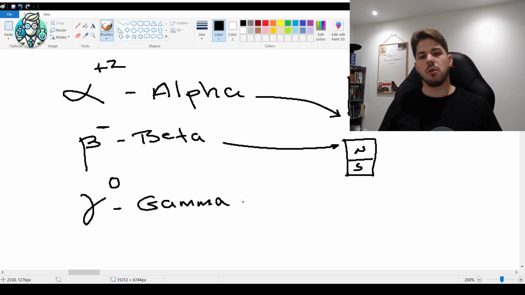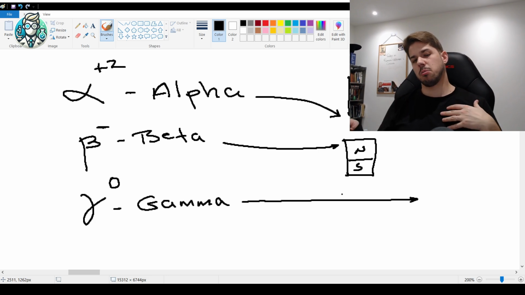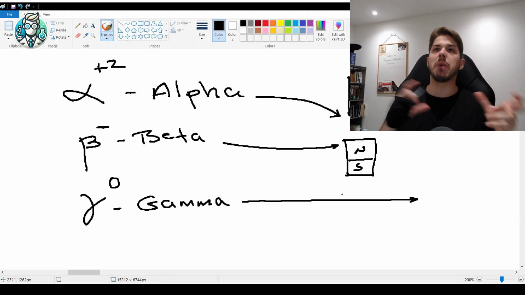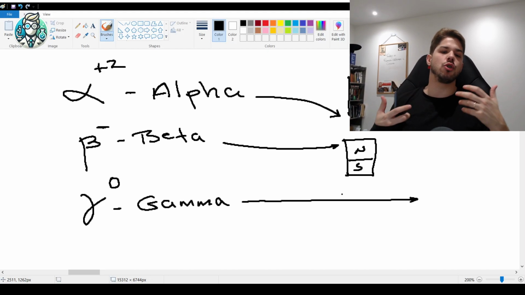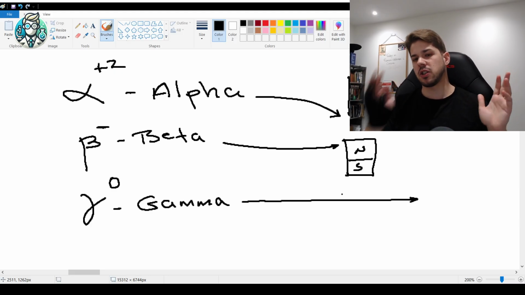And gamma will just pass straight. Why? Because they will not have any interaction. Because being attracted or repelled by a magnet depends on your charge. Since gamma doesn't have any charge, it would just pass in a straight line.